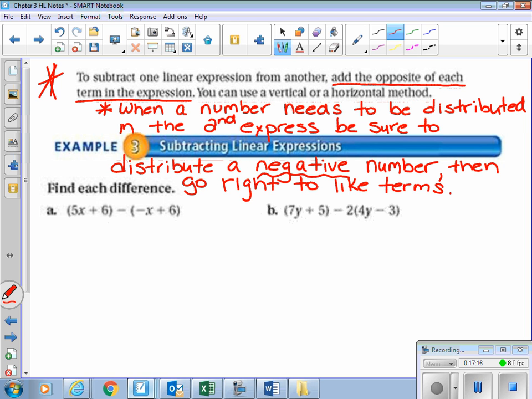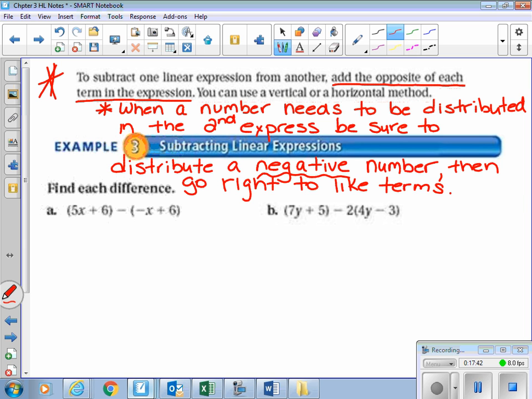Now we've heard add the opposite before. That's just part of your integer rules. When we subtract integers, remember we do keep, change, opposite. We add the opposite. Here you're going to be adding the opposite of every term in the expression. So you're not only changing this subtraction sign to addition, you're also changing all of those signs in the second linear expression. And then again, you can use your vertical or horizontal method.